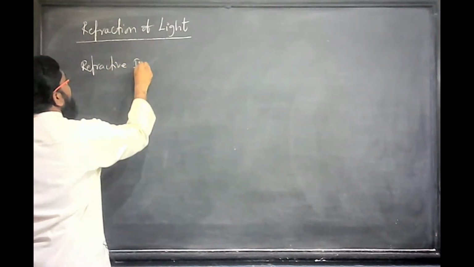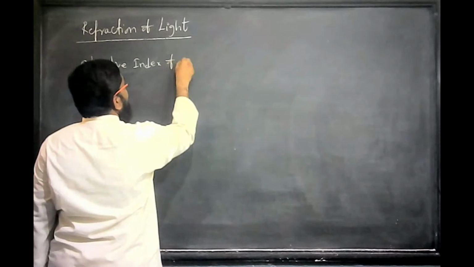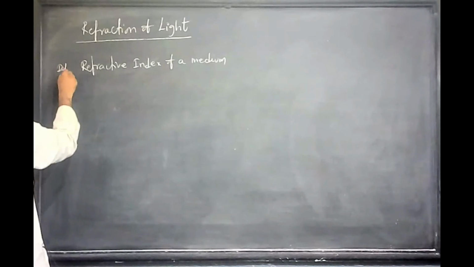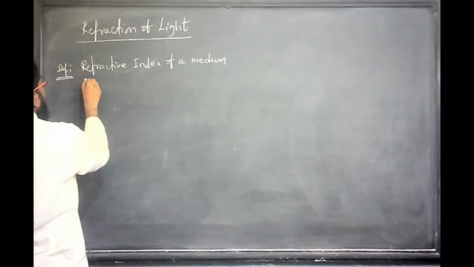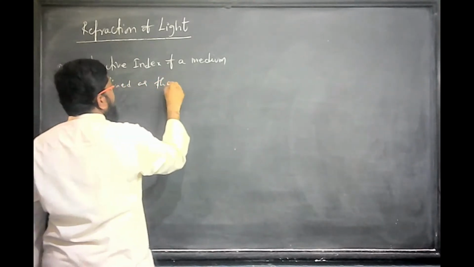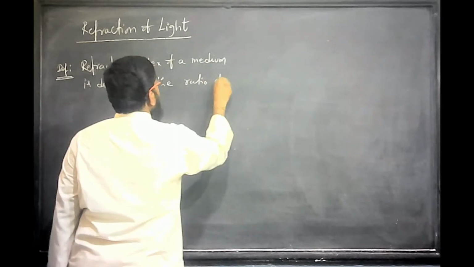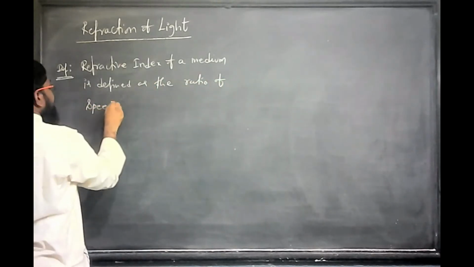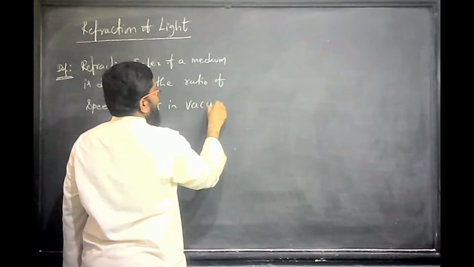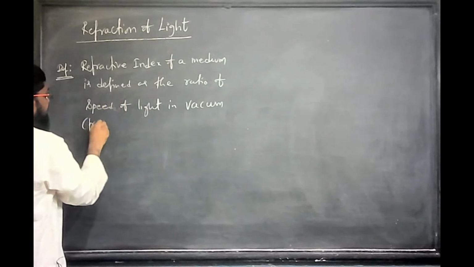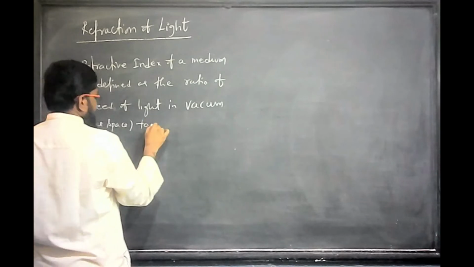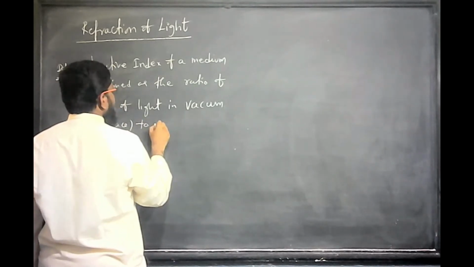Refractive index of a medium is defined as the ratio of speed of light in vacuum to speed of light in that medium.